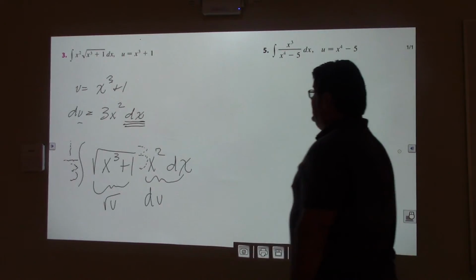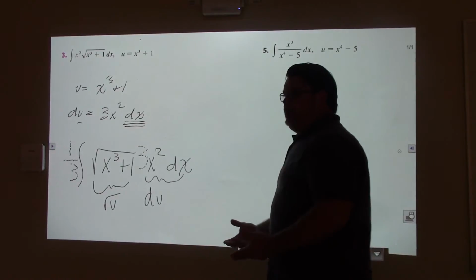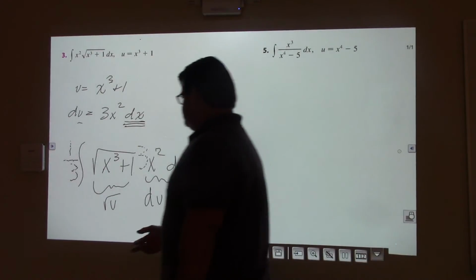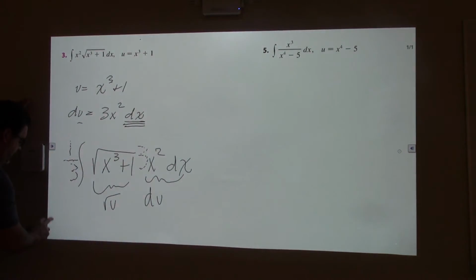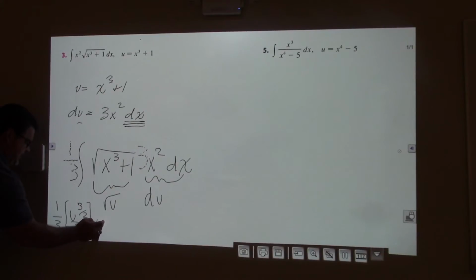So we have the antiderivative of square root of u du, which means use the power rule. So 1/3 of u to the 1/2, and 1/2 plus 1 is 3/2, so that's u to the 3/2 over 3/2 plus c.